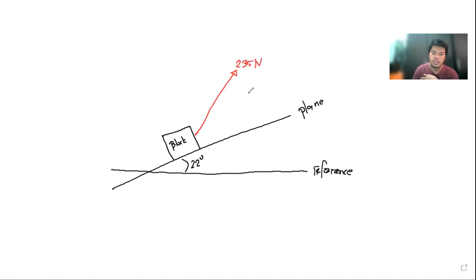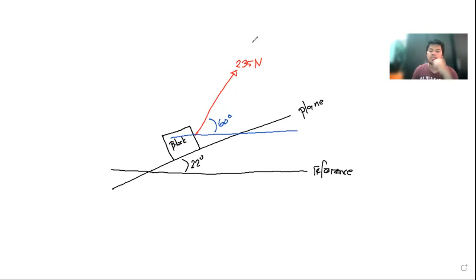With reference to the horizontal, the force 235 Newton acts at an angle of 60 degrees, not with respect to the block, I mean the inclined plane.